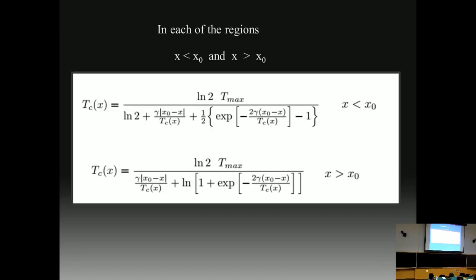The way we expand is different for the two sides because, for example, this log of 1 plus exponential, you see that on one side we can expand this log 1 plus x, but depending on the side we are, this factor is larger or less than 1. So that's why we expand differently.